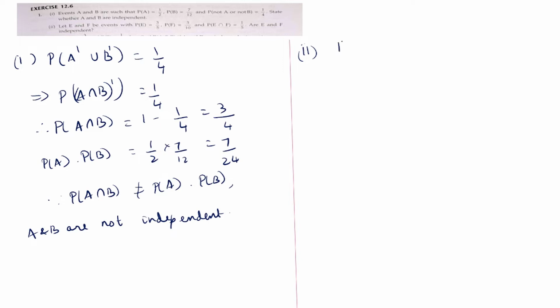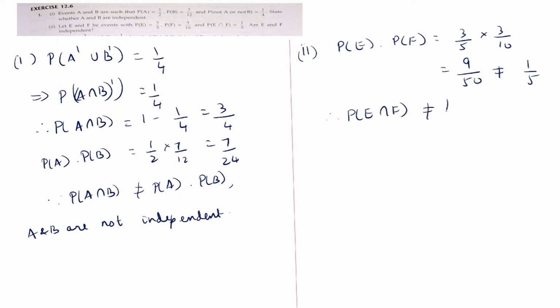So let us find probability of E into probability of F. It is equal to 3 by 5 into 3 by 10, so this is 9 by 50. This is not equal to 1 by 5. Therefore, probability of E intersection F is not equal to probability of E into probability of F. Therefore, E and F are not independent.